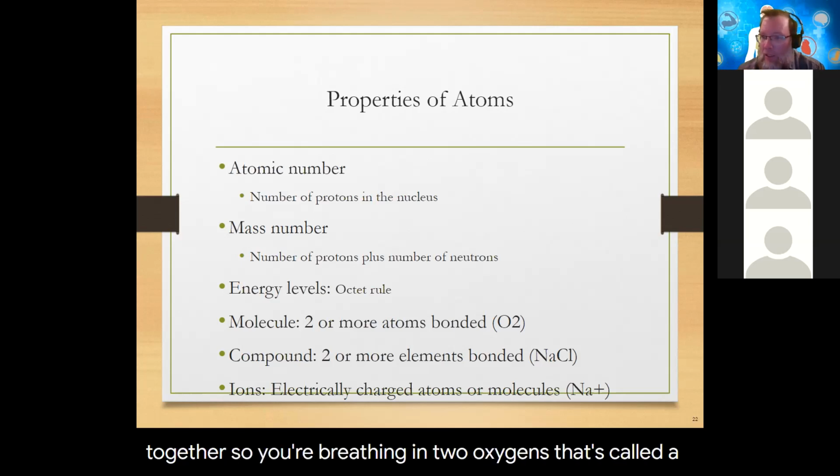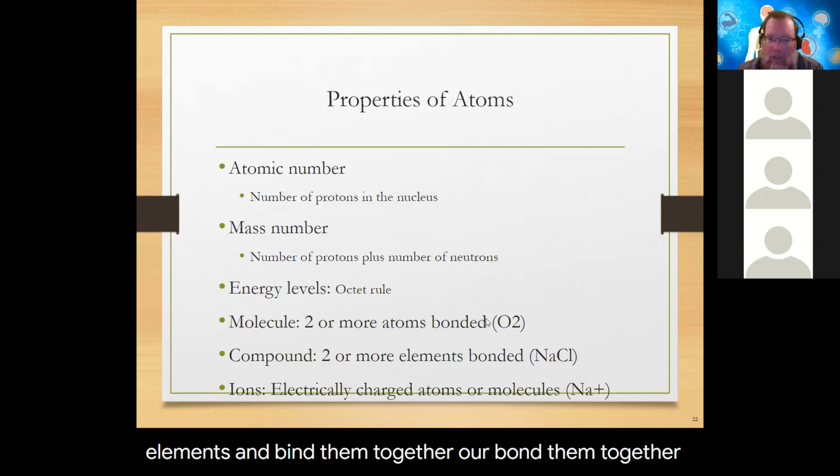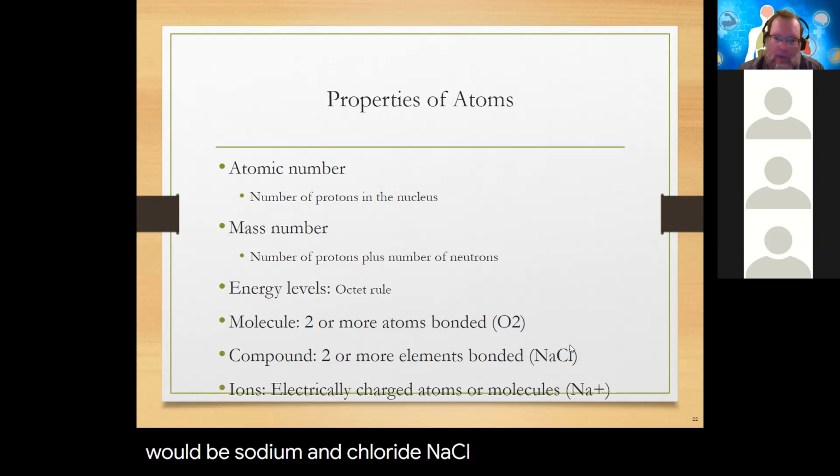That's called a molecule. A compound is when we take 2 or more elements and bond them together. Okay, 2 or more elements. So for instance, a compound would be sodium and chloride, okay? NaCl. Okay, carbon dioxide.